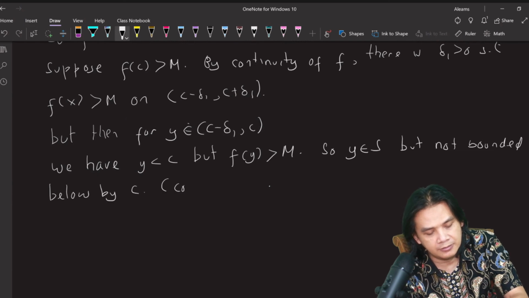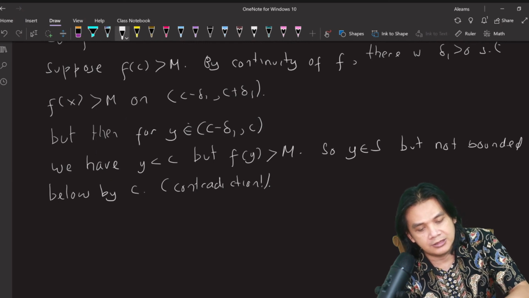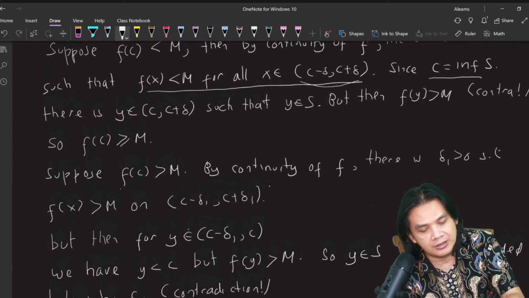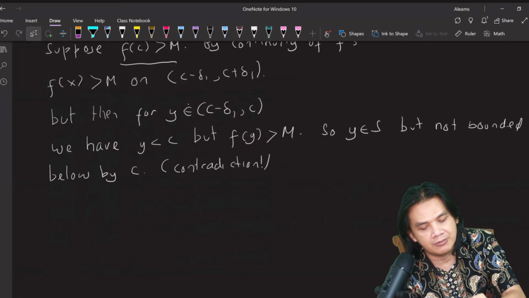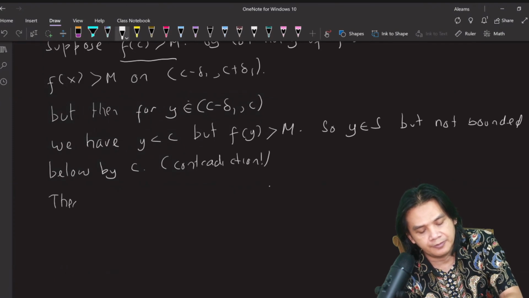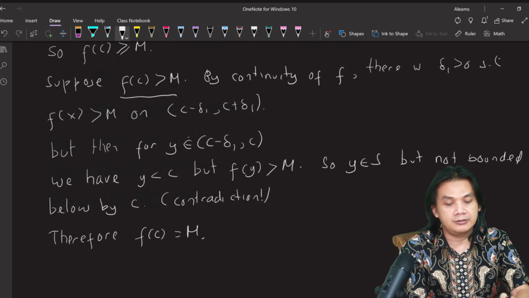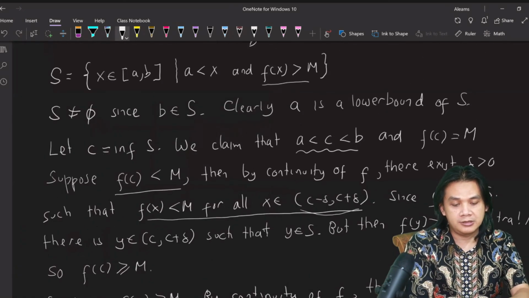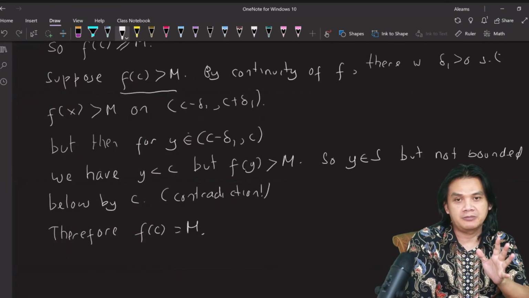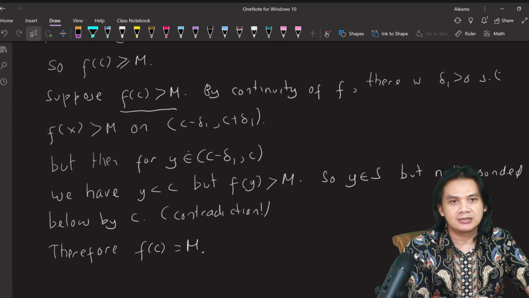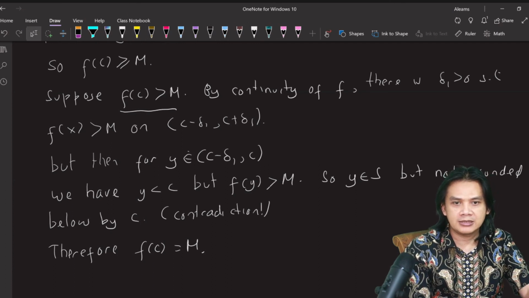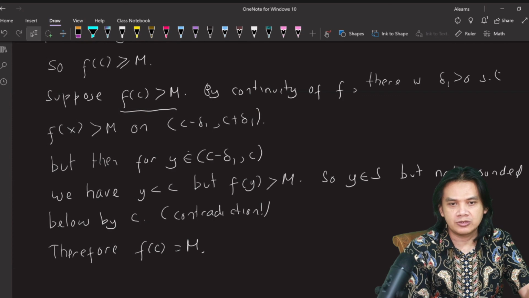Contradiction. So since f(c) is not greater than M and not smaller than M, therefore f(c) must be equal to M. Okay, well, is it simple? The idea is simple. As for the execution, you decide whether it is simple or not. Okay, it's Maghrib, time to stop.